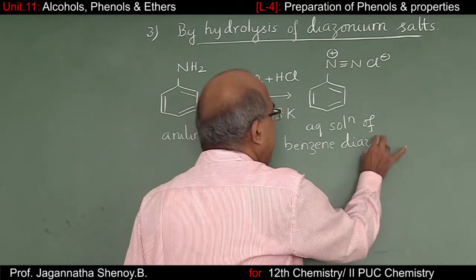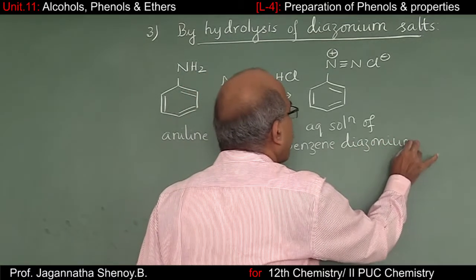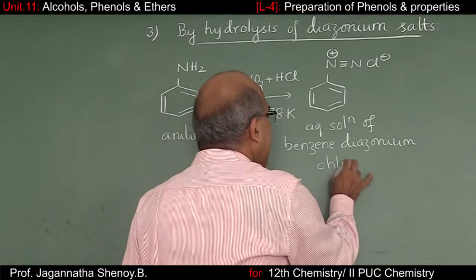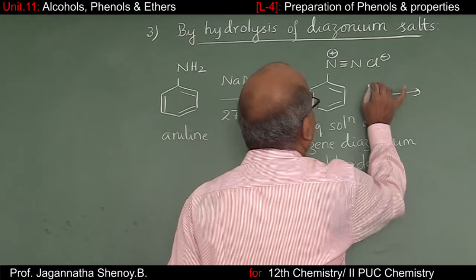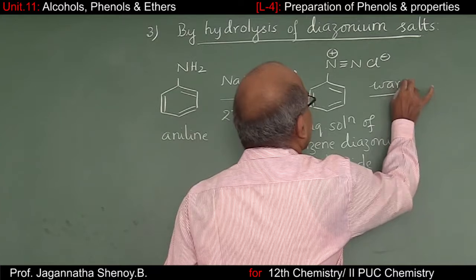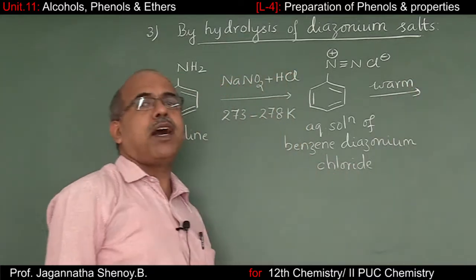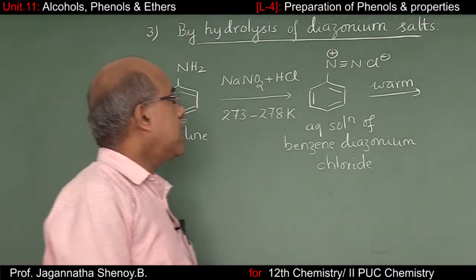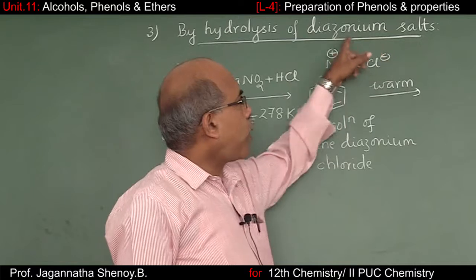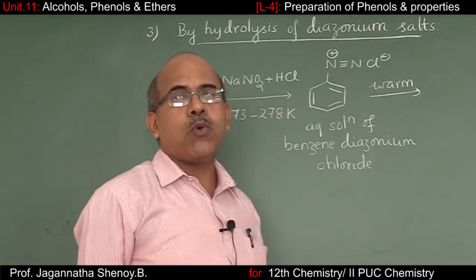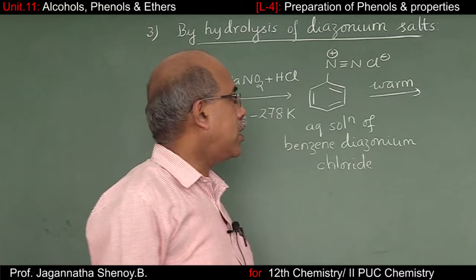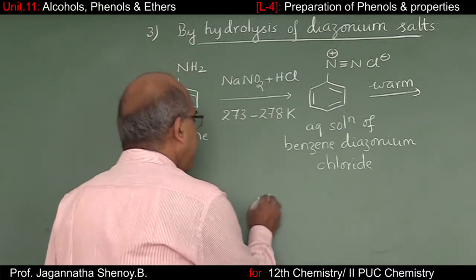And this compound, benzene diazonium chloride, can be warmed. If the temperature goes above 10 degrees Celsius, this diazonium chloride group is a better leaving group, and it will be replaced by the OH group from water. So what are the products formed?